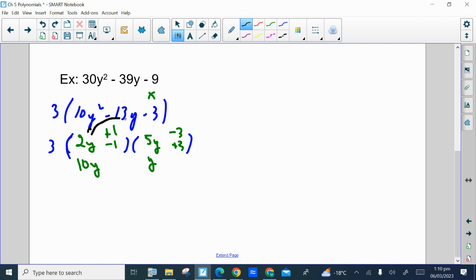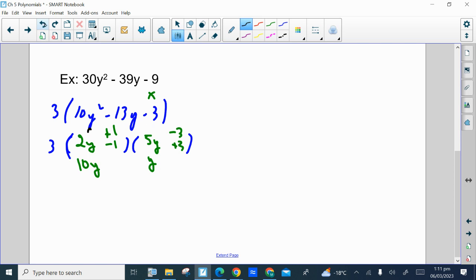So what if we did the positive 3 in the second, and the negative 1 in the first? 2y times 3 is positive 6y. Negative 1 times 5y is negative 5y. 6y take away 5y, again, is positive 1y, not negative 13. So neither of those work.